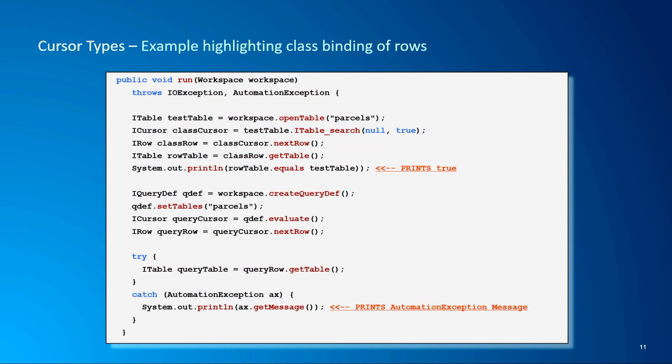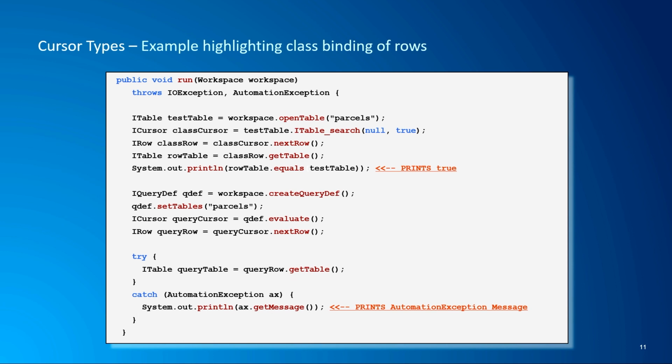Up on the top, we can see we're opening up a workspace, we're opening up the parcels table, then we're getting a search cursor out of it. Once we have the search cursor, we grab a row out of the parcels table.